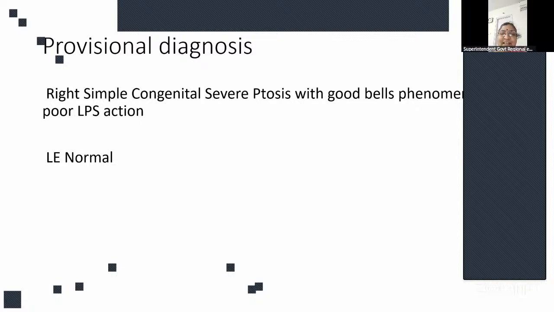Recently our students, when they go for the pediatric postings, are getting referrals of newborn babies with congenital coloboma. Please advise what to do. Most of the time they can be newborn babies, but can we operate immediately, or do we have to wait?